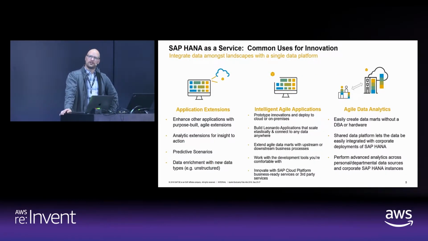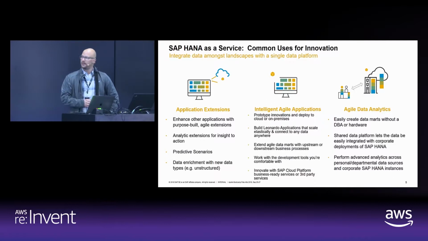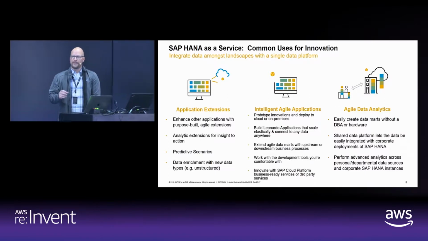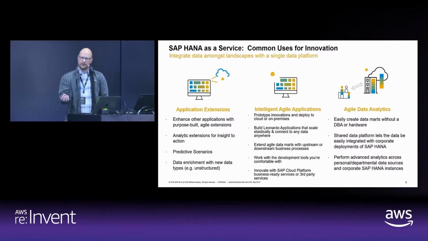So often the question then is, well, Rudy, tell me, what are customers really doing here, right? And fundamentally, we've seen in the first 6 months that these 3 use cases are probably the most prominent ones. So one, application extensions. Application extensions fundamentally is a scenario where we leave the core ERP system as is, and we do all of the extensions of that ERP for business process innovation in the cloud, right?